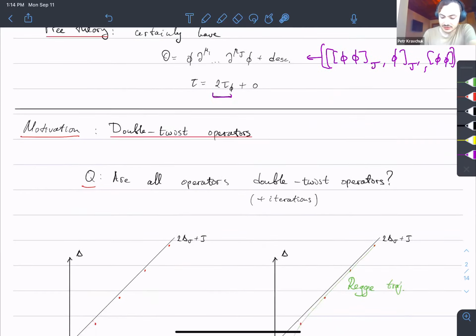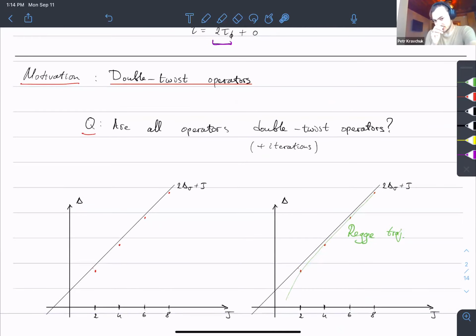But then you can refine it a little bit, and you can ask about Regge trajectories. Well, maybe even before we think about Regge trajectories, you can still ask the question about double twist operators, as long as you can unambiguously assign an operator to a trajectory.